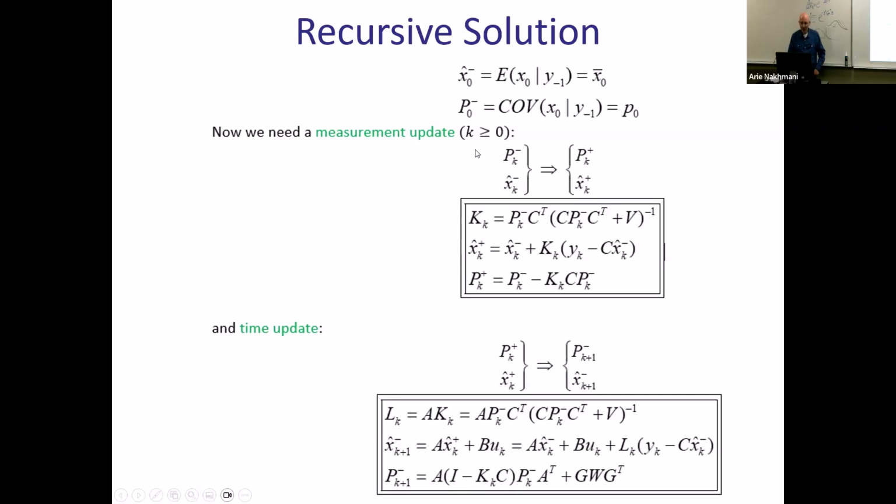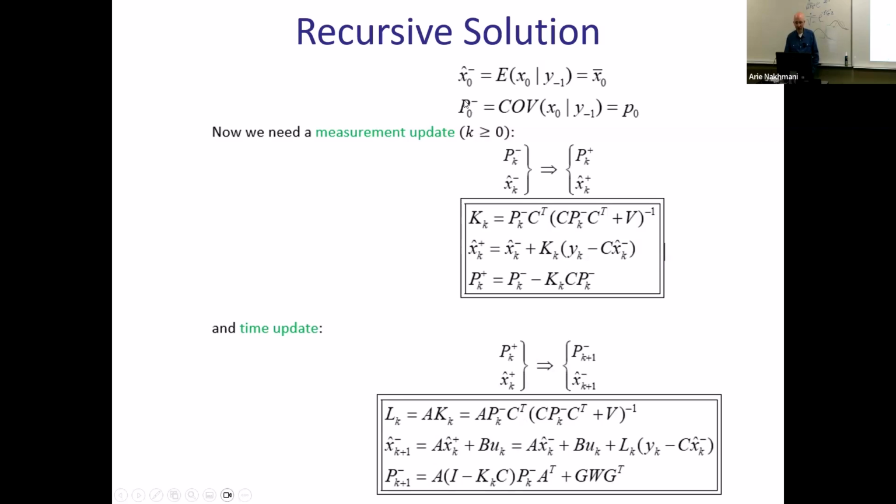All right. So we will divide the Kalman filter into two different steps. The first step will be the measurement update, for any k larger than or equal to 0, starting with 0. So k equals 0, 1, 2, 3, 4, 5, and so on, okay?